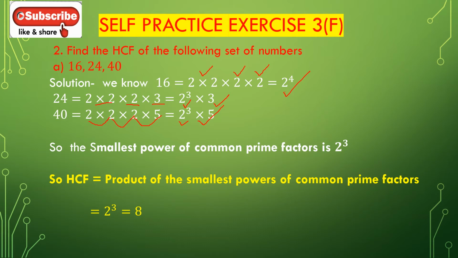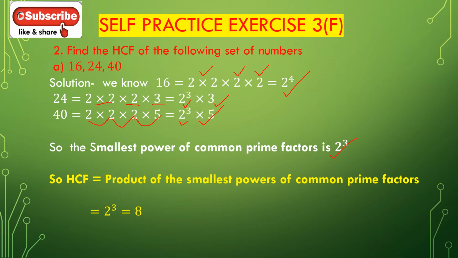So common prime factor is 2 to the power 3. In 16 there is no prime factor 3, and in 24 there is no prime factor 5. So the only smallest power of common prime factors is 2 to the power 3.